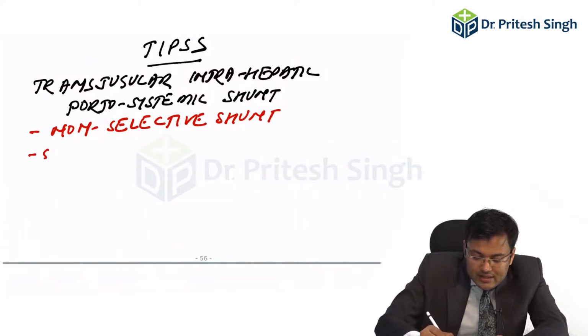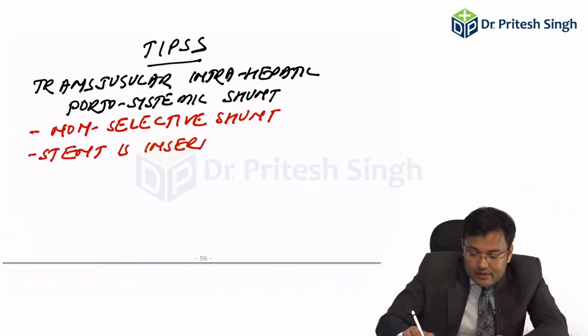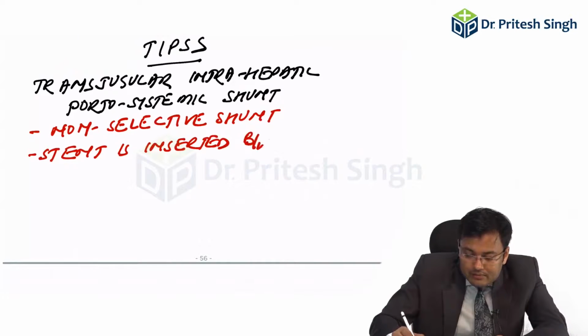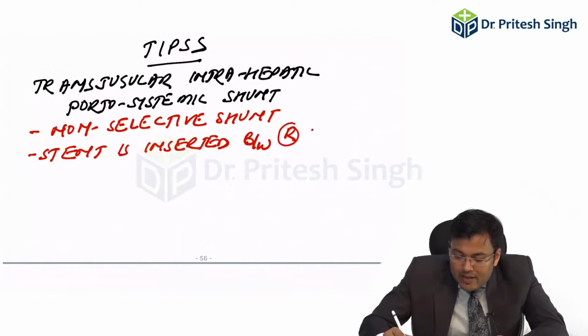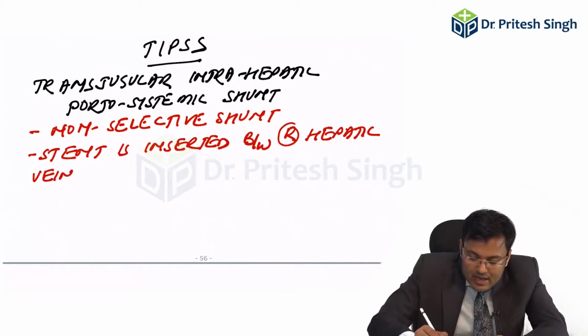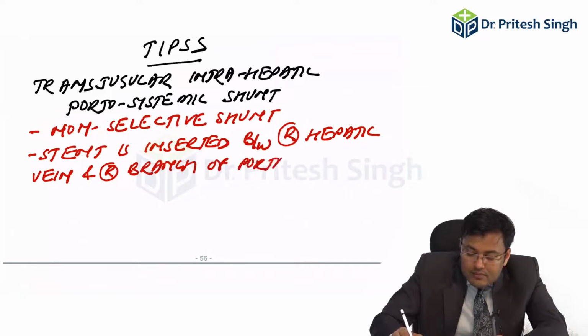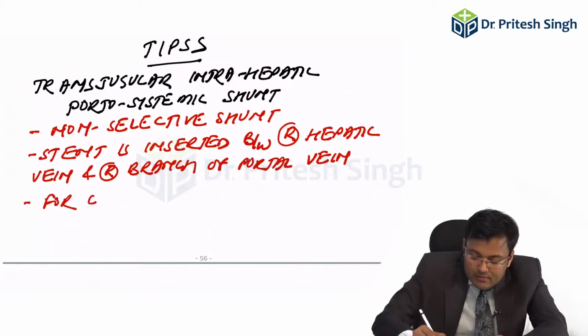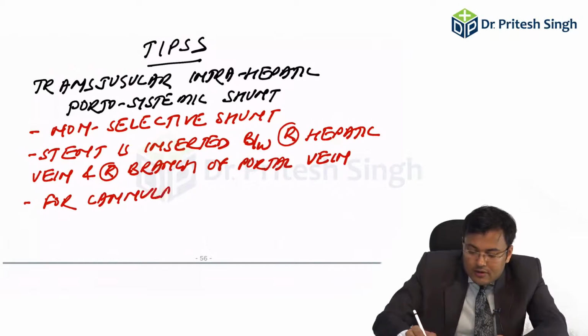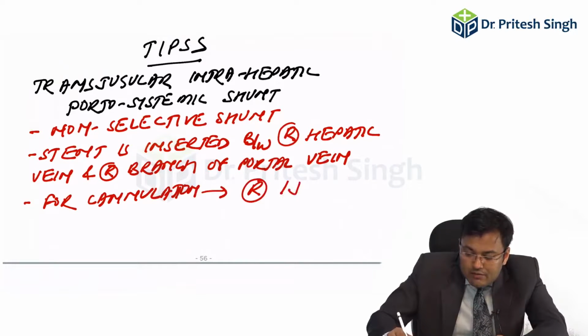in which stent is inserted between right hepatic vein and right branch of portal vein. For cannulation, right internal jugular vein is preferred.